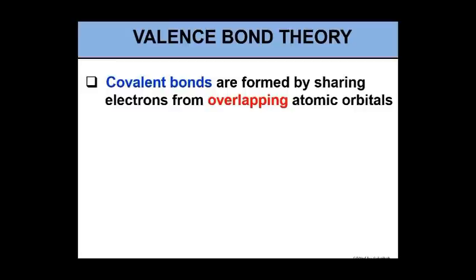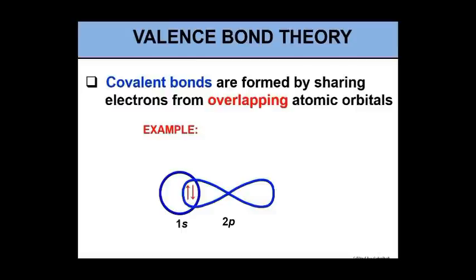As the overlap increases, the bond strength also increases. Covalent bonds are formed by sharing electrons from overlapping atomic orbitals. For example, we have 1s and 2p, and the overlapping here shows opposite spin.